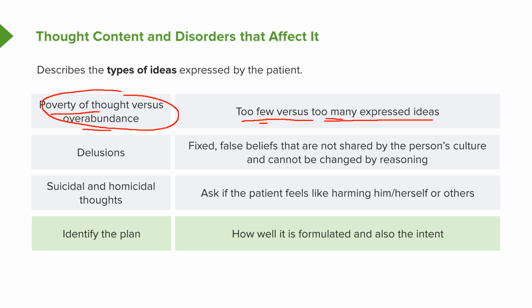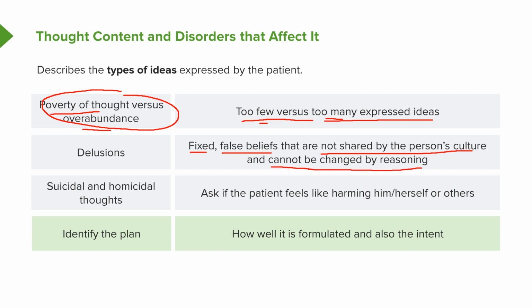So to explain that again, poverty of thought versus overabundance is when a patient either says too little or too much. Okay, so that's the difference in terms of the volume of thought content. On the other hand, when you have fixed false beliefs that are not shared, no, by the person's culture and cannot be changed by reasoning.